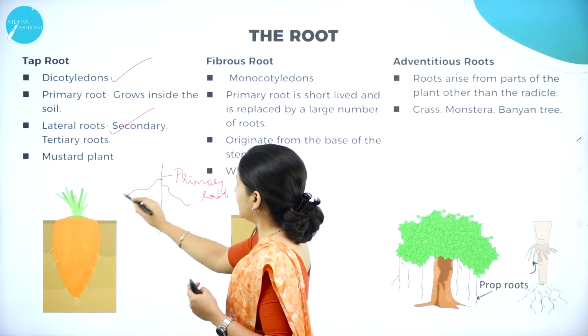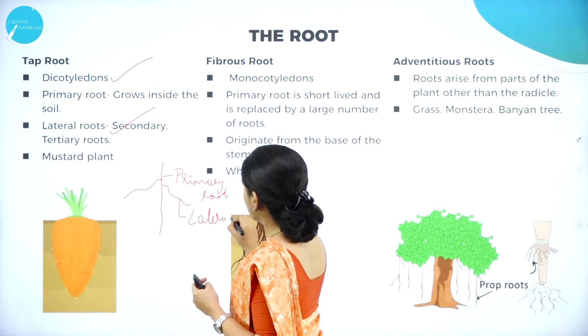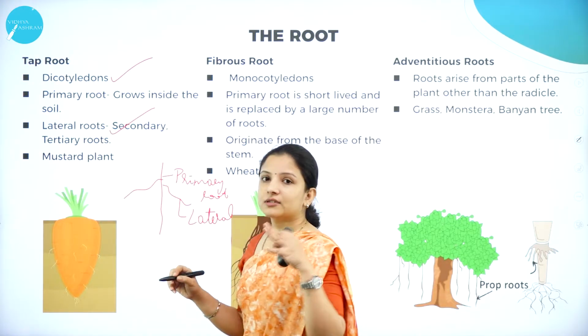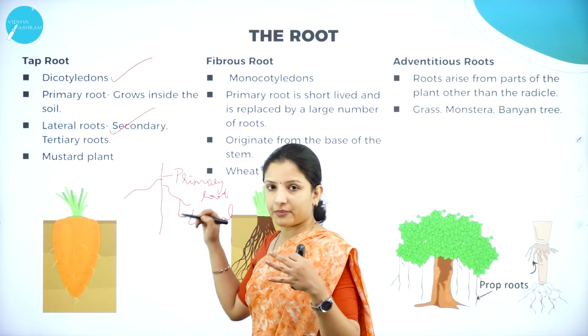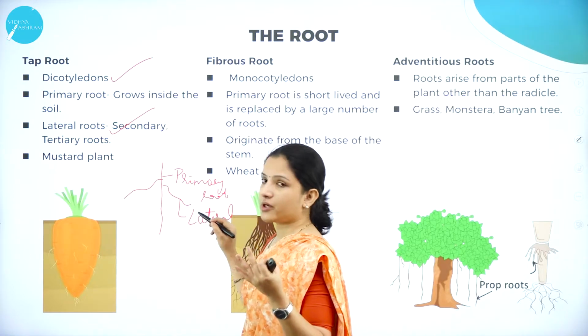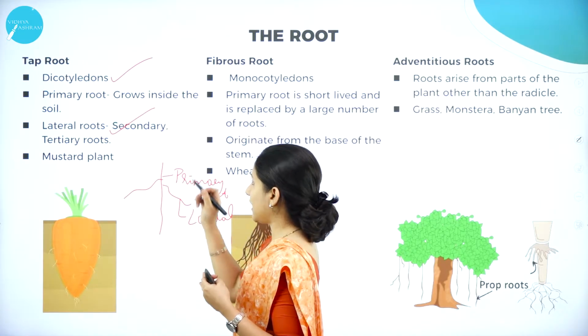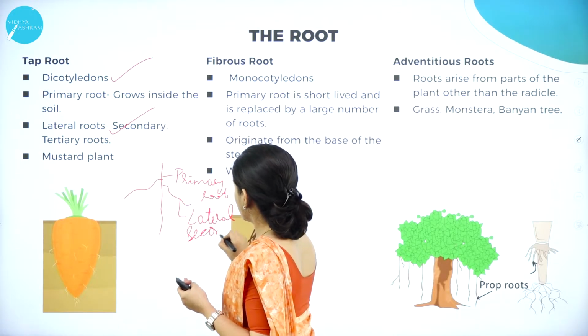So these are the lateral roots or the secondary roots, the second formed roots. The second formed roots which arise from the primary roots are called the lateral roots or the secondary roots.